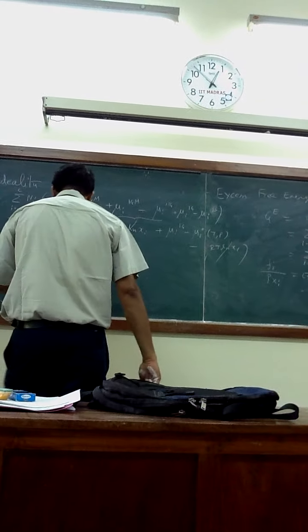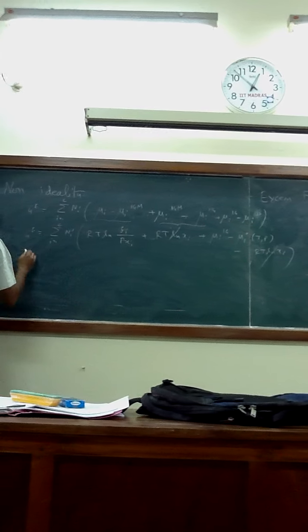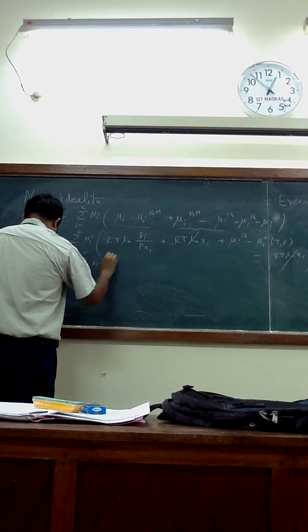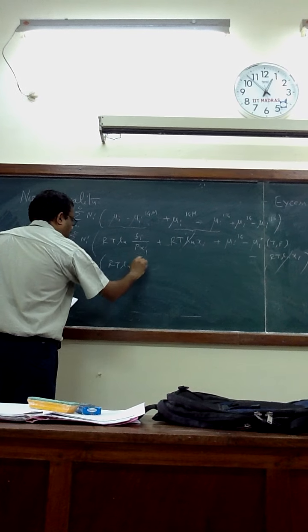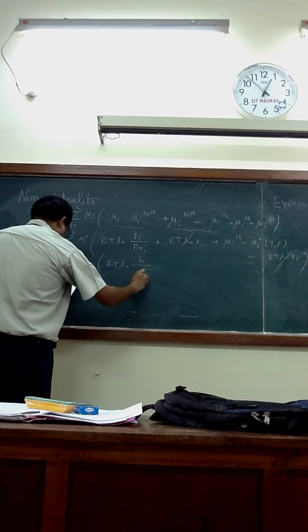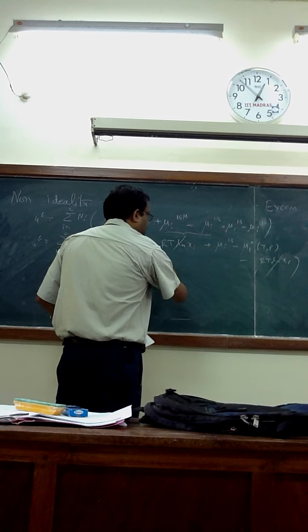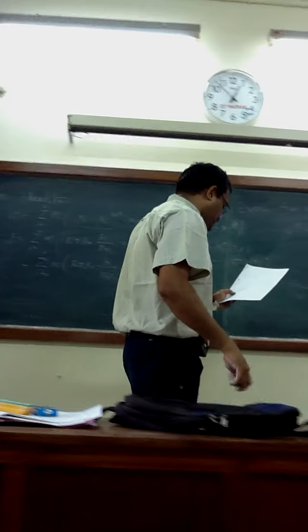Okay. What did you get finally? Summation i equals 1 to C Ni RT ln Fi by P xi minus (mu i Ig minus mu i star T, P).